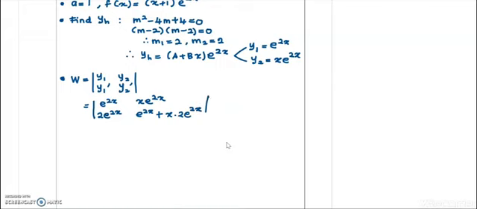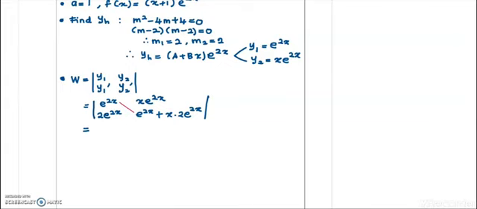Then finding W, I will have e^(2x) times e^(2x) plus x times 2e^(2x).